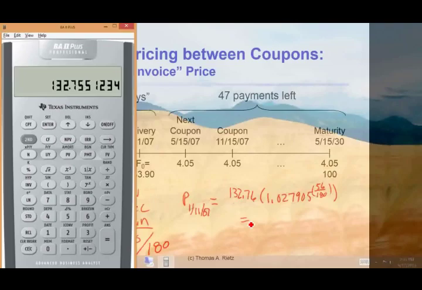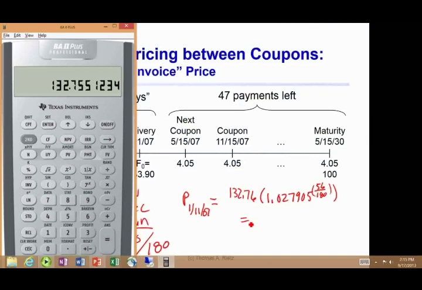All right, we can do that. So I'm going to take this and multiply it, taking it forward by 1 plus the interest to the power of, in parentheses, 56 days out of 180.